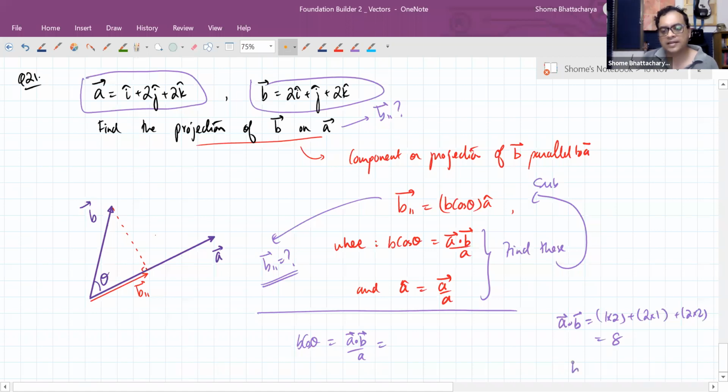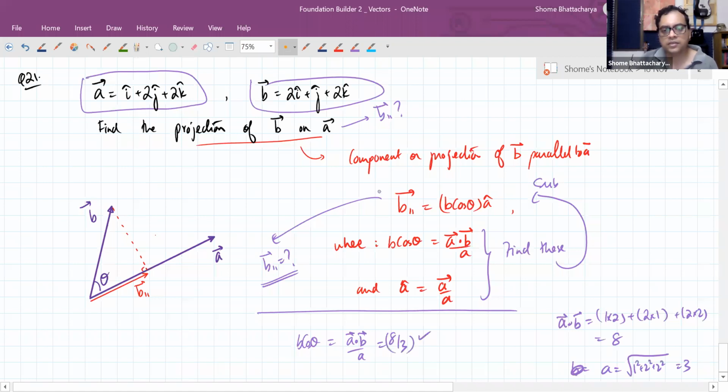Okay. And magnitude of A is nothing but root of 1 square plus 2 square plus 2 square. So that's 3. Okay. So this is becoming 8 by 3. That's the first thing. Okay.